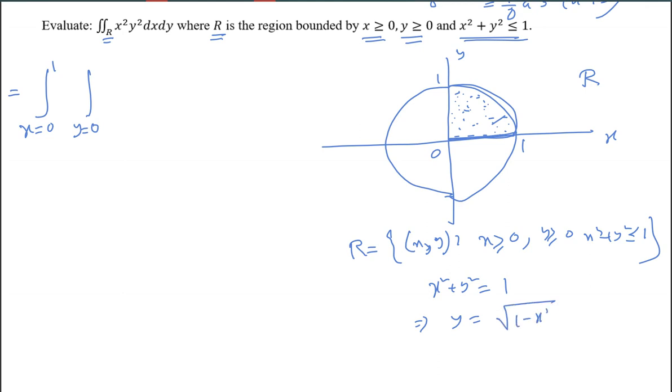I am taking only the positive sign because x and y are greater than or equal to 0. If this limitation were not given, I will discuss that later. First, let me do this portion. So the integral will be from 0 to root of 1 minus x square of x square y square dy dx.